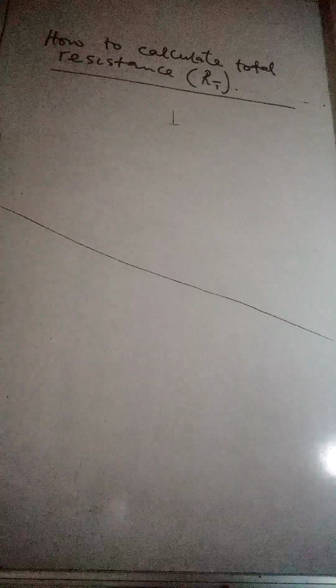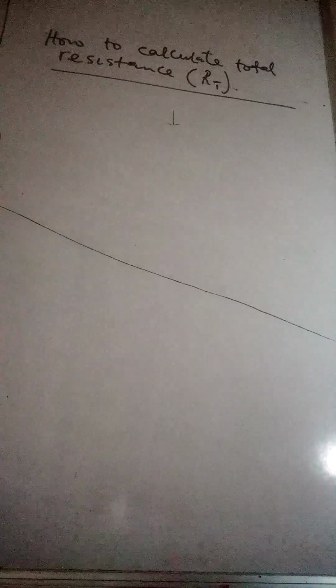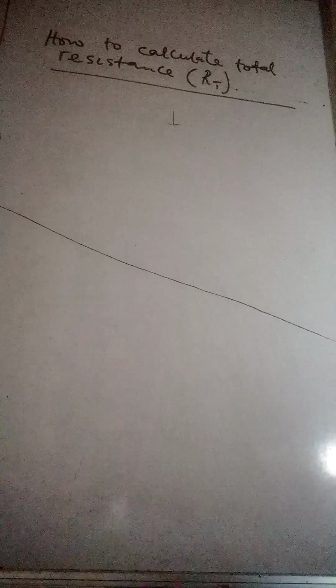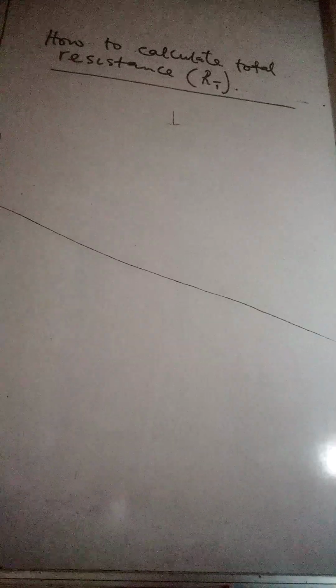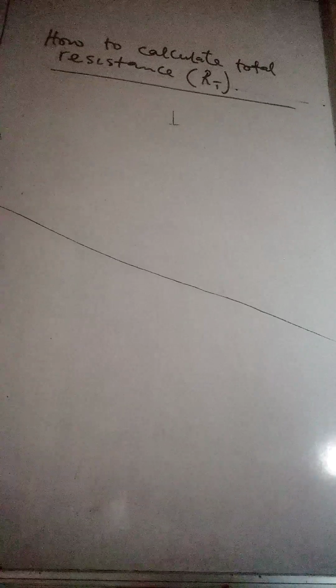Now, the next stage we are moving to is how do we calculate the total resistance, or combined resistance, or equivalent resistance when we have two or more resistors arranged in parallel. That is what we want to have a look at now.